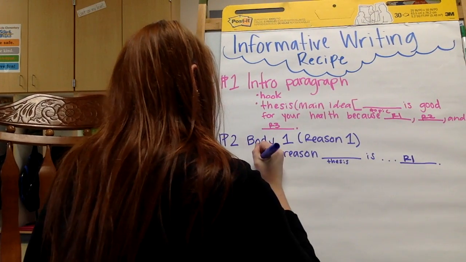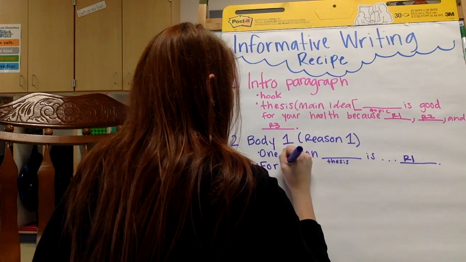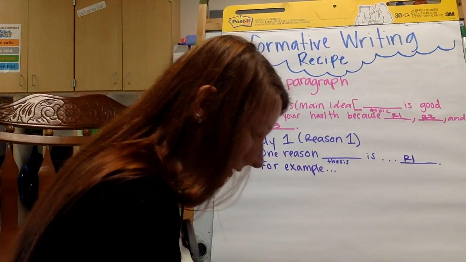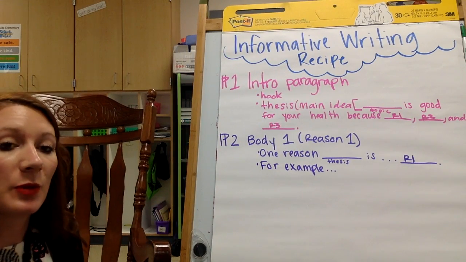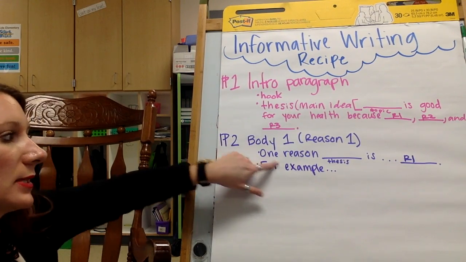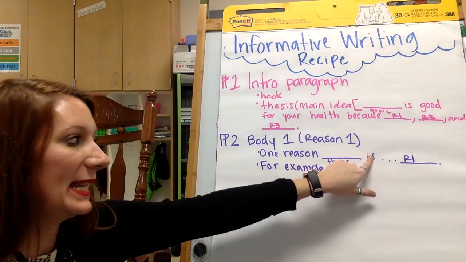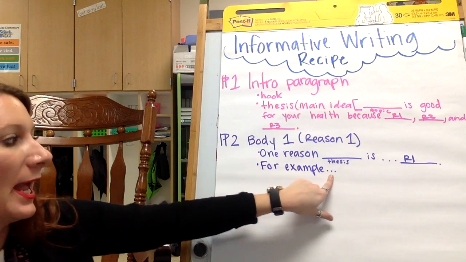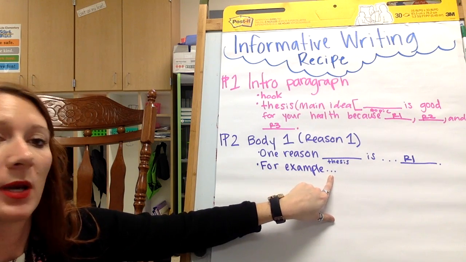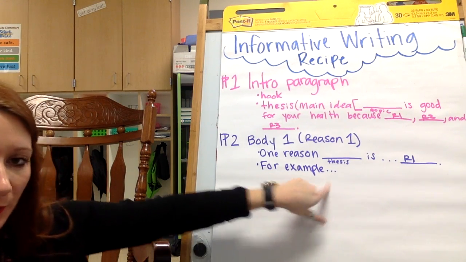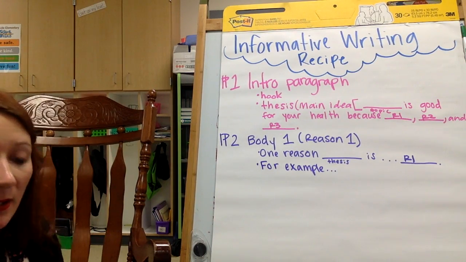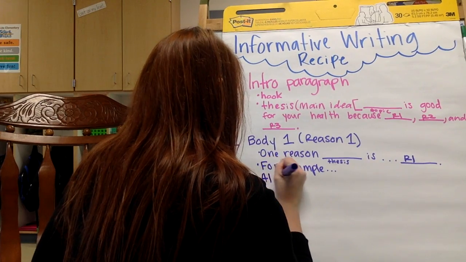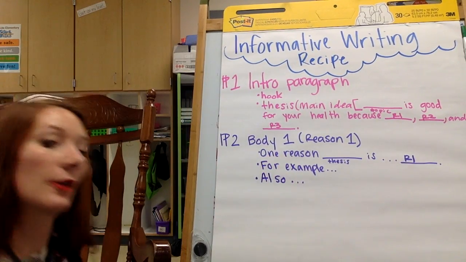So then you're going to give an example. For example, blah, blah, blah. So let's say your one reason yoga is good for you is it makes you more flexible. And then you might say, for example, and then give an example of a way that yoga makes your muscles or your body more flexible. After you put in an example, then you're going to add another detail using another transition.